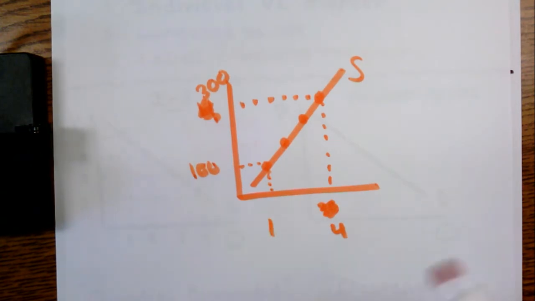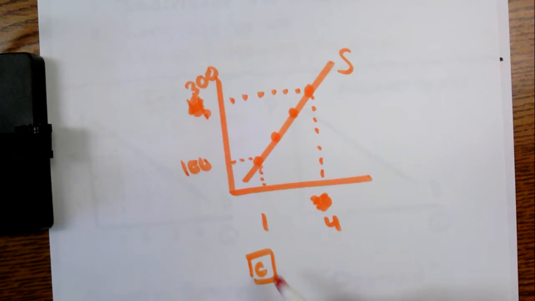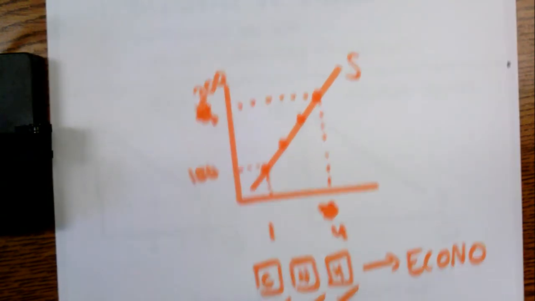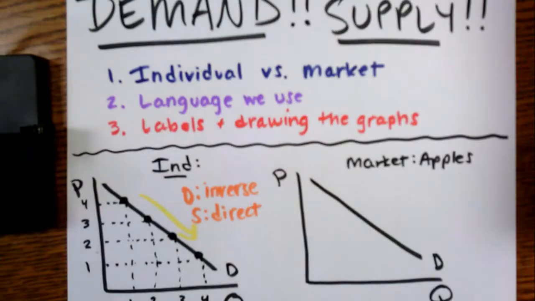Because remember, they had to buy a capital resource, a natural resource, and a human. So in order to buy these 3 things to turn them into an econo, you needed money. So if you don't have money, you can't make the product that you're trying to sell.